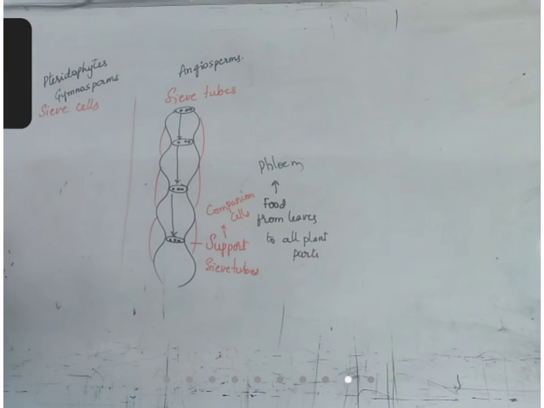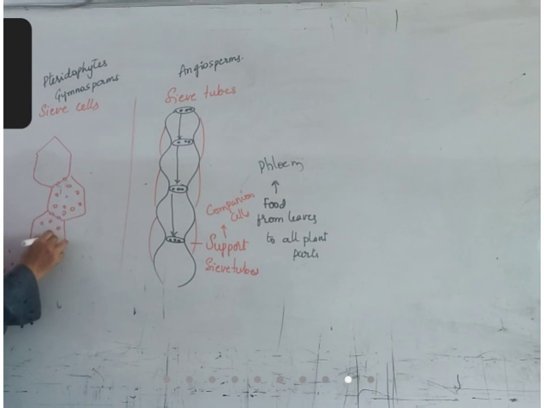In the case of sieve cells, they are cells. Here the holes are present between one cell and another cell. Between one cell and another cell, there are small pores in all directions. So pores are present all over the body.